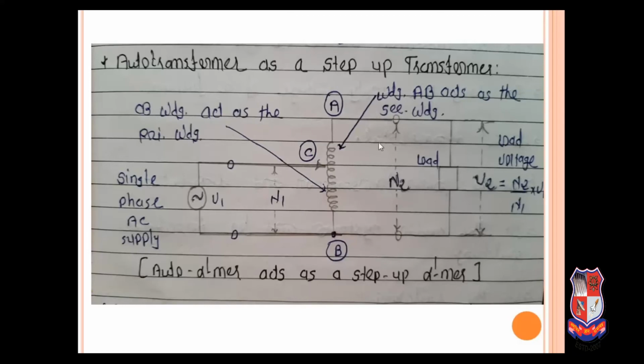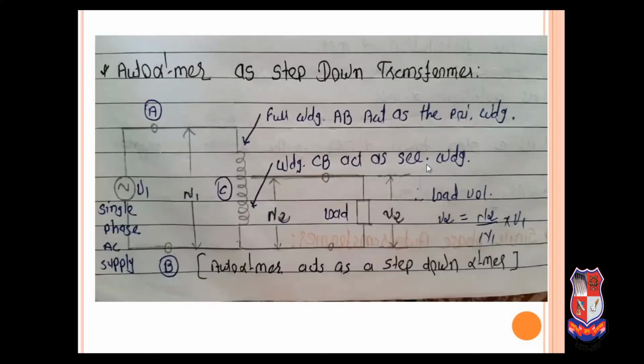The winding having a higher number of turns is considered the high voltage winding. So we can get the voltage at the secondary winding, given by V2 is equal to N2 divided by N1 into V1. So this circuit works as an auto transformer, as a step up transformer, because the voltage is stepped up from primary to the secondary side.